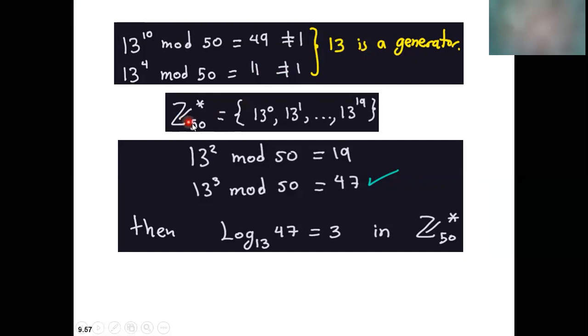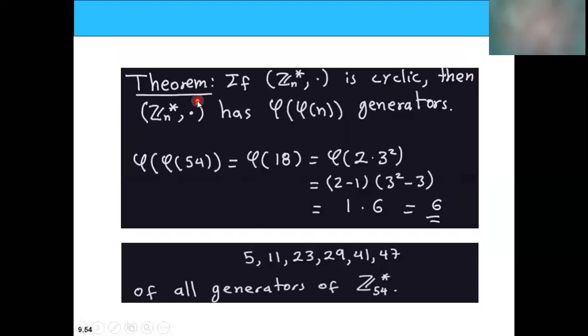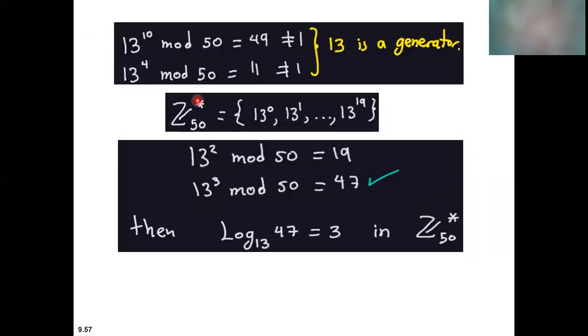So in that case, Z_50 static can be generated through all the powers of 13: 13 power 0, 13 power 1, up to 13 power 19, that is 20 minus 1. So 13 generates all the elements of Z_50 static, and Z_50 static, by the way, has 20 elements.